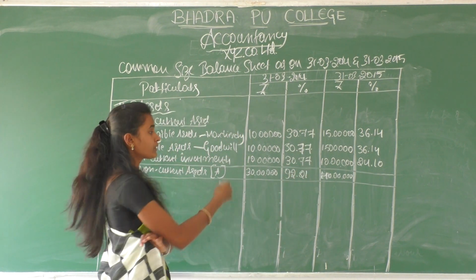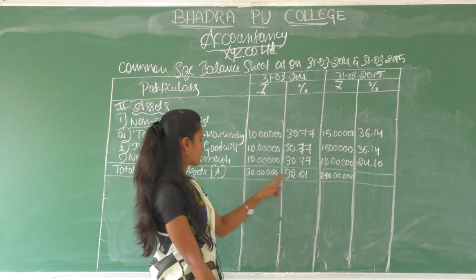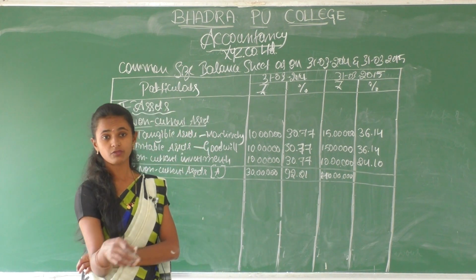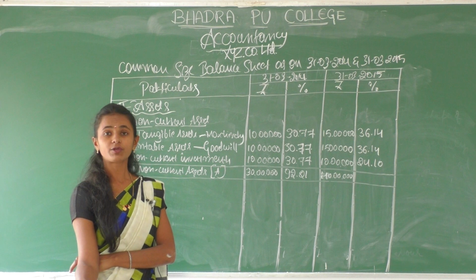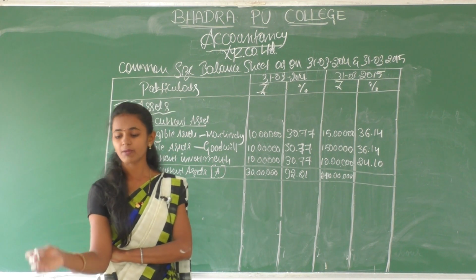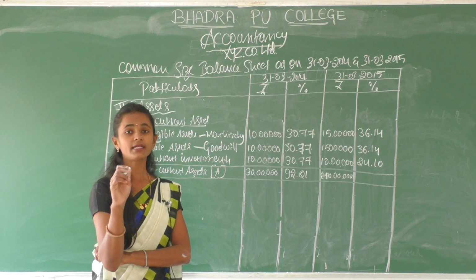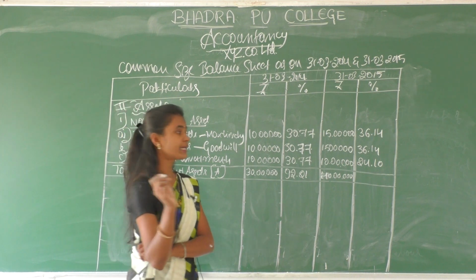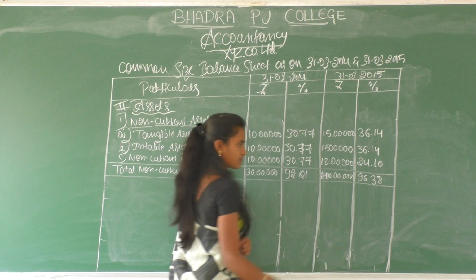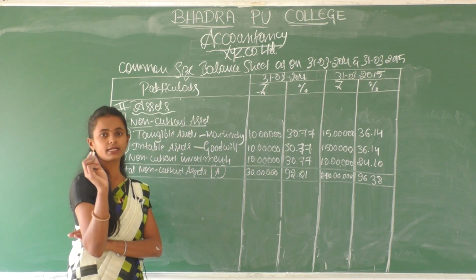And there we have total non-current assets of 40 lakh, and our common value in case of 2015 is again 41,50,000. So the calculation is 40 lakh divided by 41,50,000 into 100, then you will get 96.38%. This is our total non-current assets.